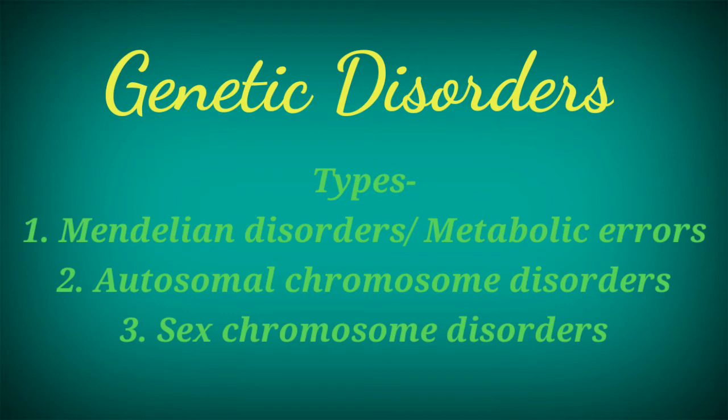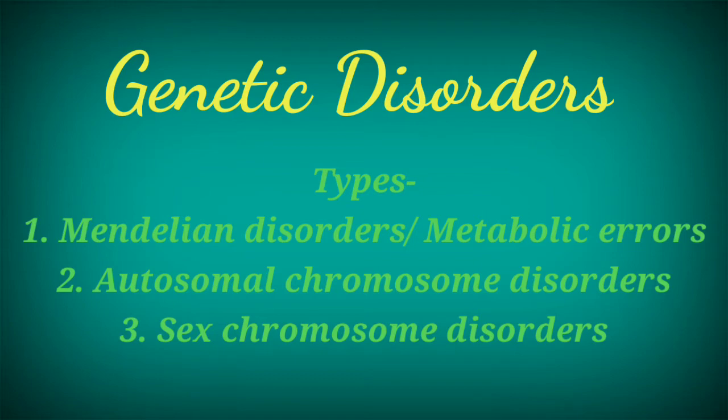So in today's video, some genetic diseases will be discussed with reference to these three types of mutation that may occur in an individual and that may result in phenotypic and genotypic changes.